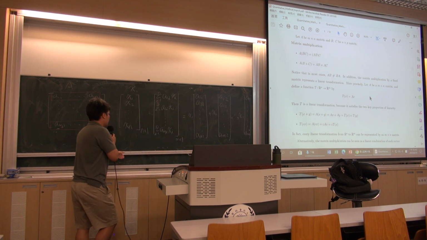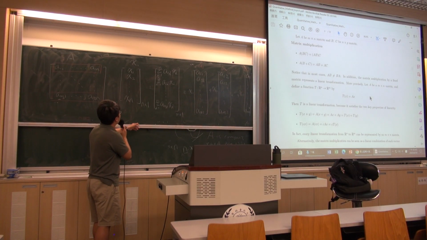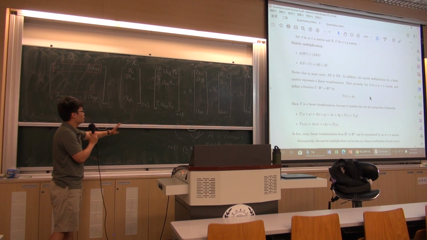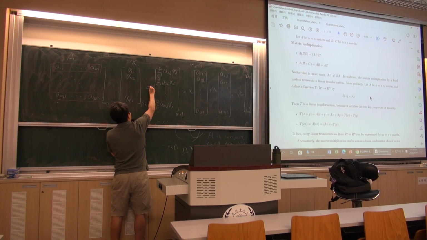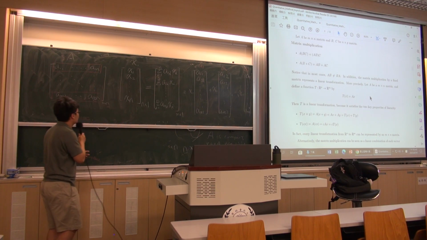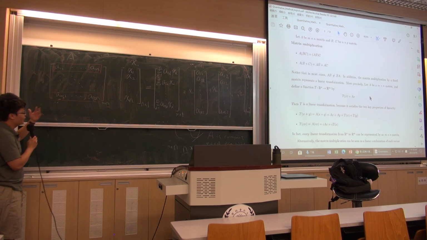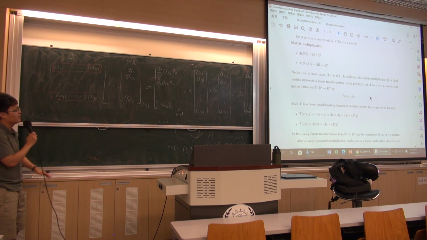Okay, so this is the matrix multiplication if we only have n by 1 vectors here. Actually you can do n by p as well, but for the purpose of illustration, I think this is much easier to see. I already told you how to do the matrix multiplication.